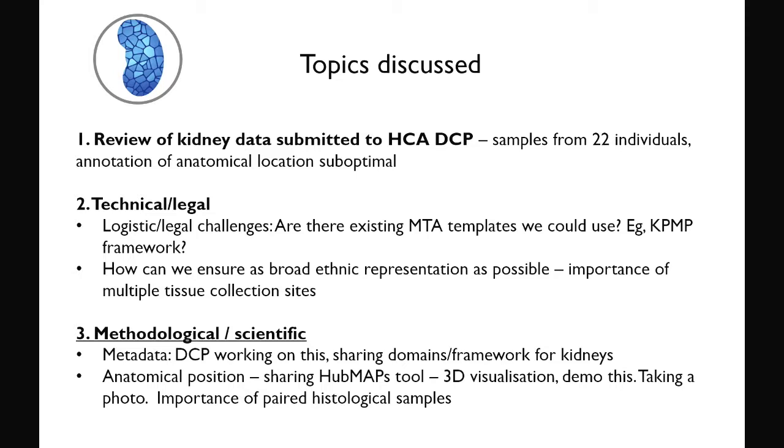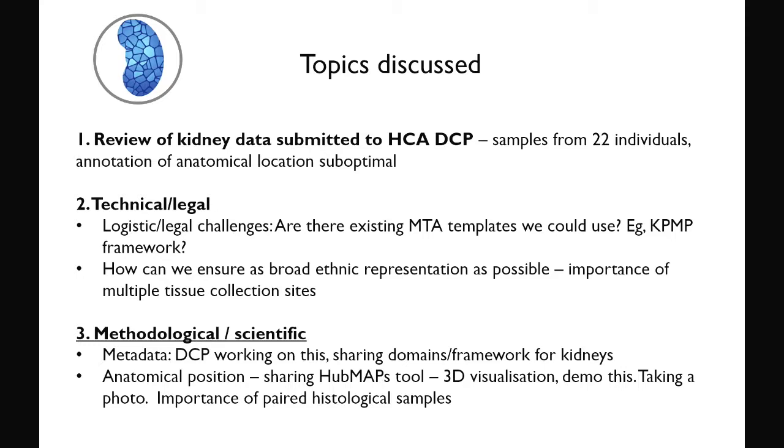We then went on to talk about some technical or legal challenges. If we're trying to generate reference data sets, and for example, one of the seed networks relates to this, where we take samples from one center and share them across centers to allow different technologies to be tested, what are the challenges that we face practically to undertake that effort?